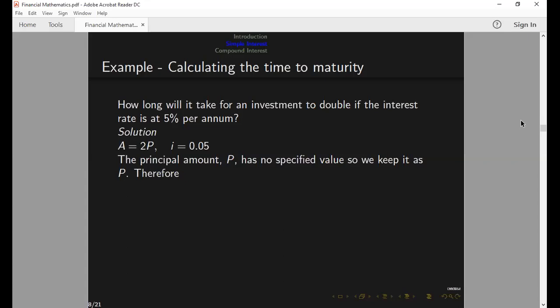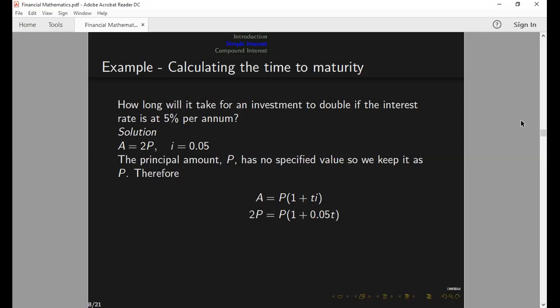So no specific value of p is made. Unlike the first method, whereby we assumed p is 1, and in the second method, we assumed p is some positive value x, now we're not going to assume any value of p because we're not given p.